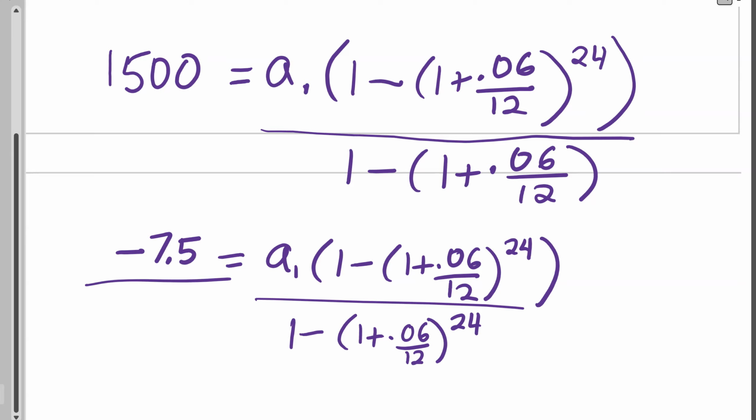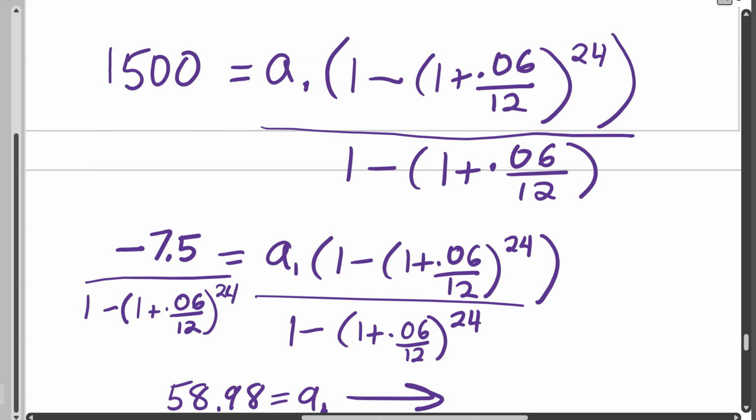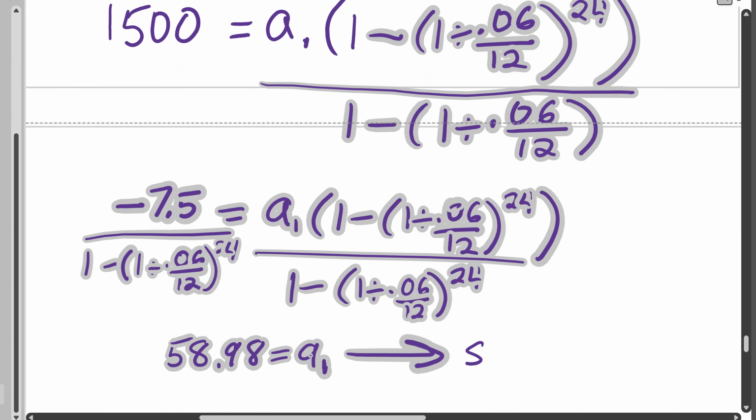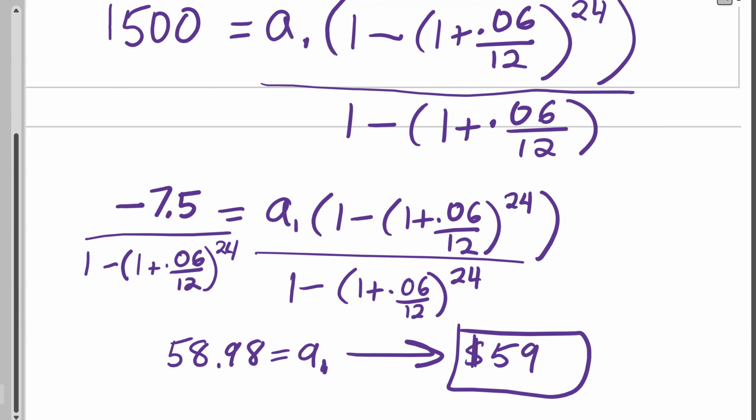And that should get me approximately how much Pablo needs to save each month to save up for this brand new laptop. So I think it's about $58.98, which if I'm rounding to the nearest dollar would just be about $59. So that could be another example of a financial application here.